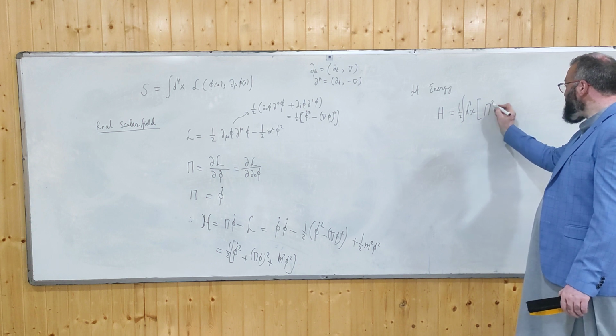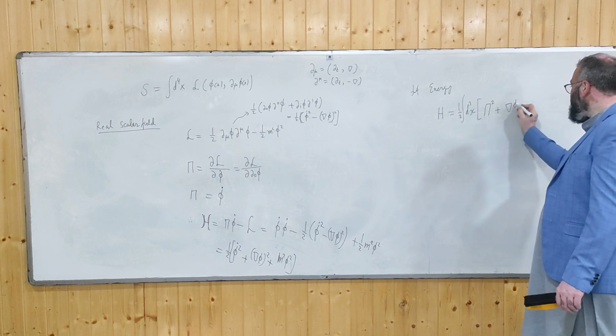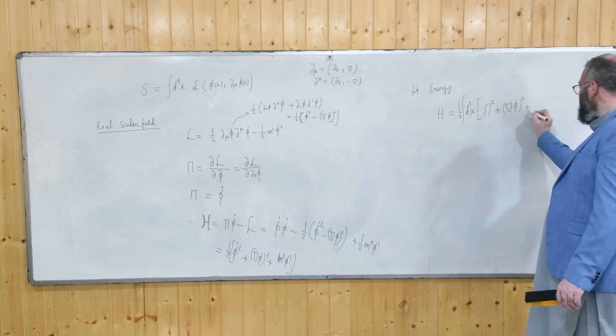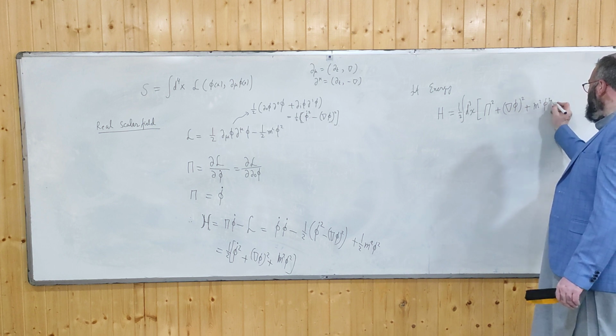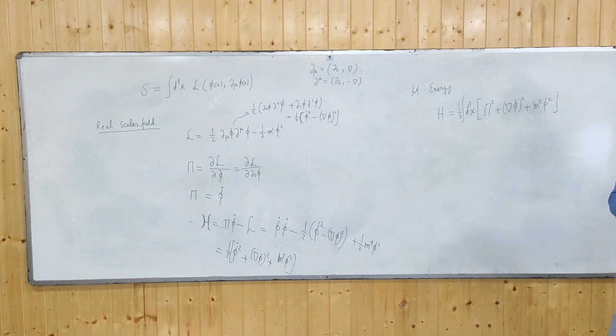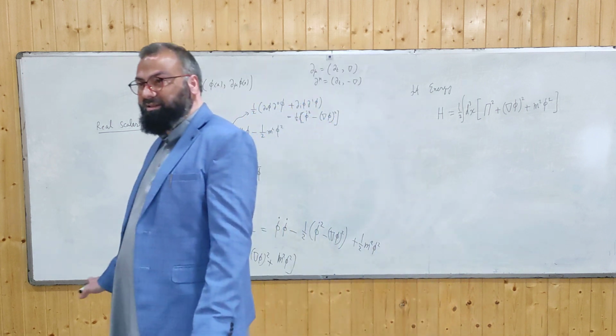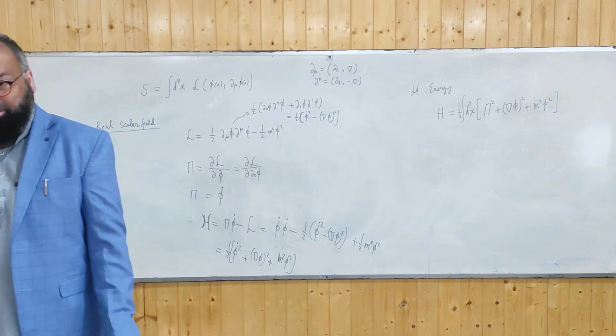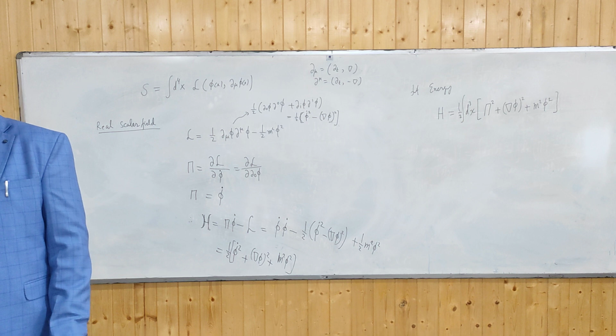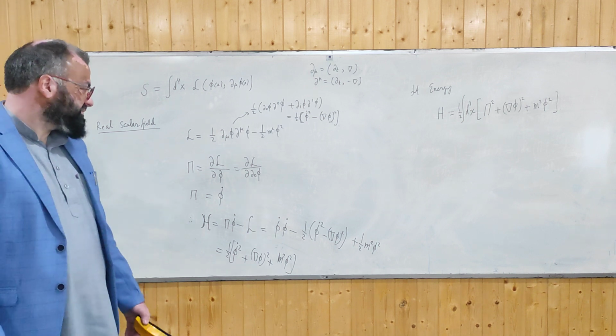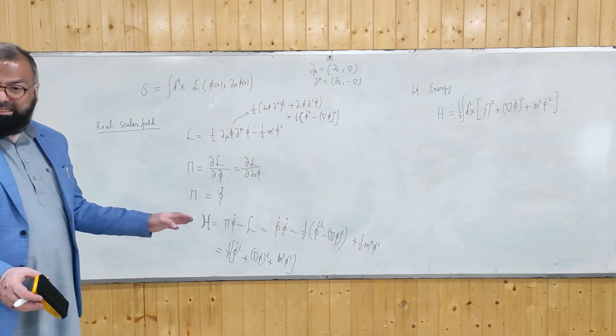So it will simply be pi square plus nabla phi square plus m square phi square. So this is the total energy in a scalar field phi. Clear? This is simply the classical energy. We are calculating this for the classical fields. There is nothing quantum. Clear? Okay, everybody has followed it.